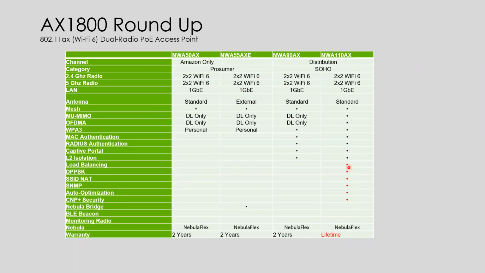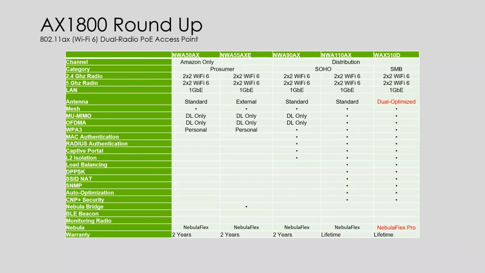So it adds things like load balancing, dynamic pre-shared key, SSID NAT, SNMP, et cetera, et cetera. This model also adds our optional CNP license. So if you want to add that CNP security, it is available there. And then also the difference between these models and this model is this one gives you a lifetime warranty, where these guys here are just a 2-year warranty. So that's why there's a cost increase, even though the advertised speed of AX1800 seems to be the same on the surface.